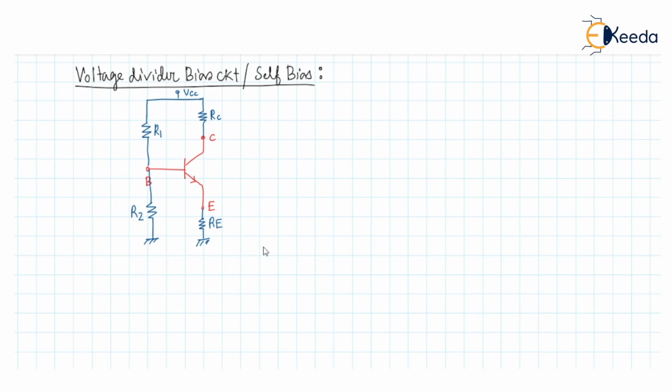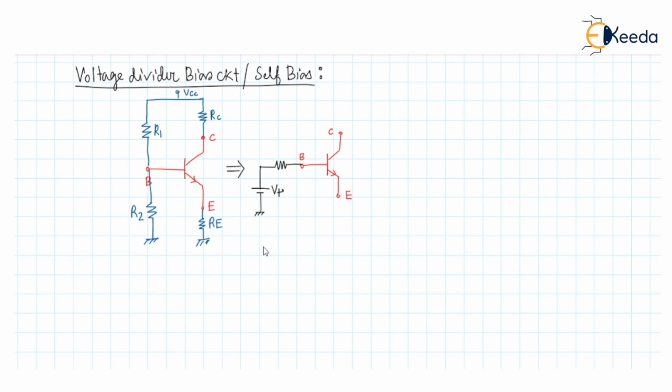Here, this circuit can be simplified. This is the collector, this is the emitter, and this is the base. This circuit can be simplified using Thevenin's theorem like this.